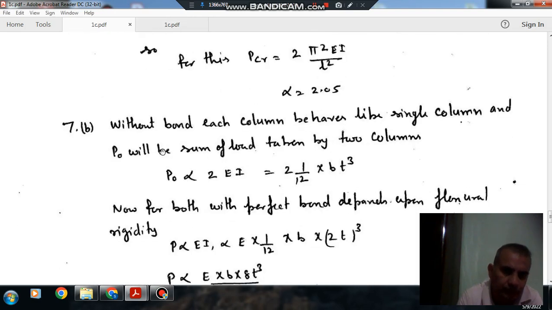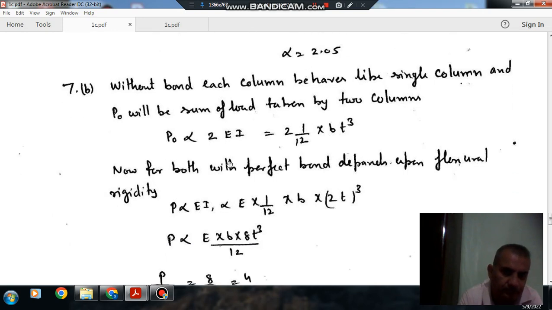First of all, taking the without bond condition. Without bond, for each column P naught is proportional to EI, because it is pi square EI by L square. It may be pinned, fixed or any other type of end, but in all cases P naught is directly proportional to EI, or here 2 EI. E is the same as the material is same, so it is proportional to 2 into BT cube by 12, where I is the minimum moment.